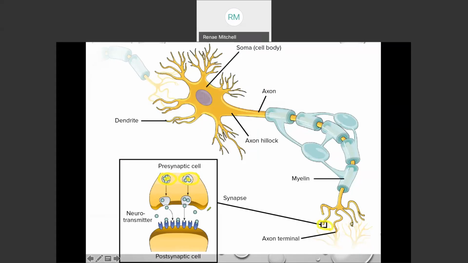This space here is the synapse, the space between the axon terminal of one neuron and the dendrites of the next neuron. And these blue components here are the receptors. These are located on the dendrite of the next cell, and they receive the neurotransmitter that's being released from the first neuron.